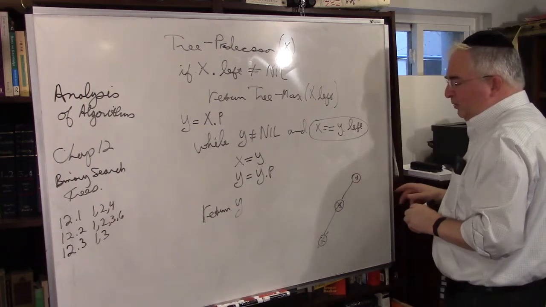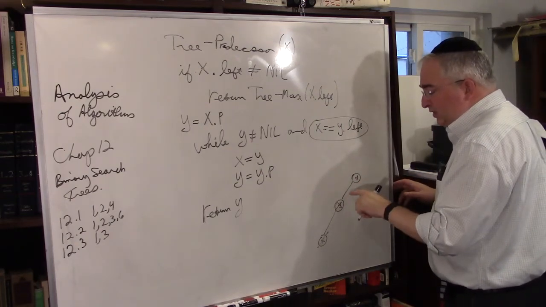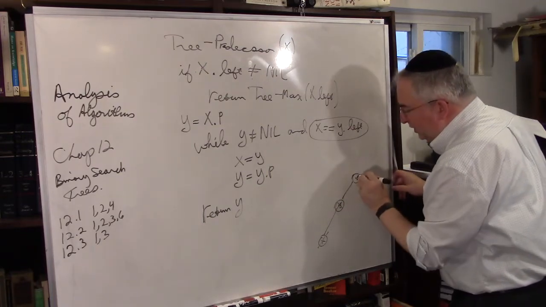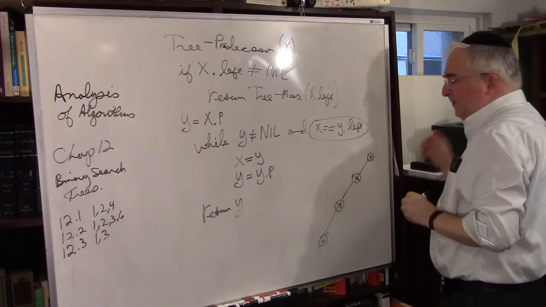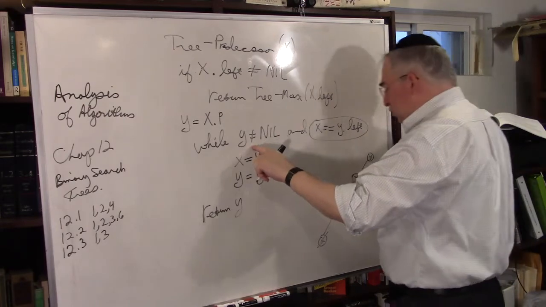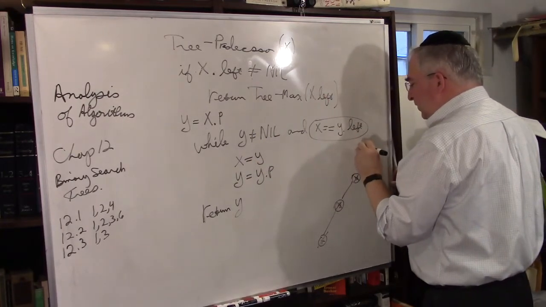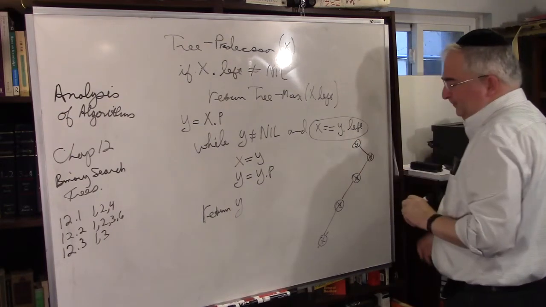That becomes the new y. But again, y is more than x. We're looking for the predecessor, so this doesn't work. So we're going to keep on climbing the tree. X, and we're going to go up to there. And here's y. At some point, either we hit the root or we make a turn like this. And so this becomes x, and this becomes y.